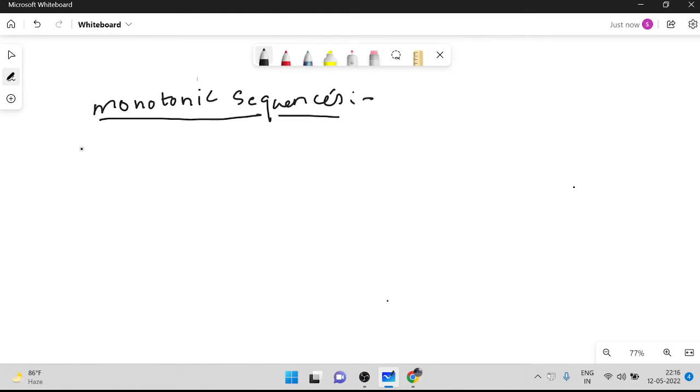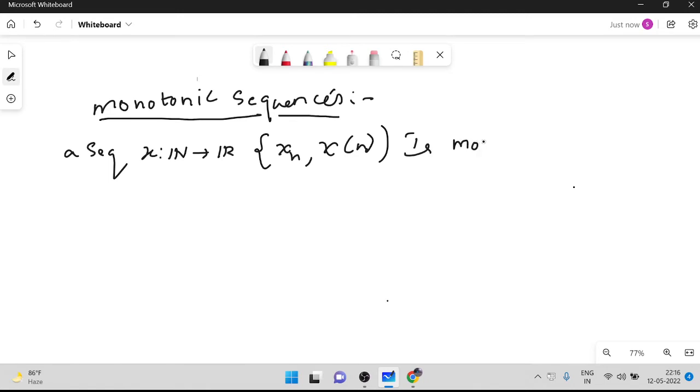Now, a sequence, again recollect the definition. A sequence is a map from natural numbers to R, denoted by xn, and is said to be monotonic. It is either monotonically decreasing.